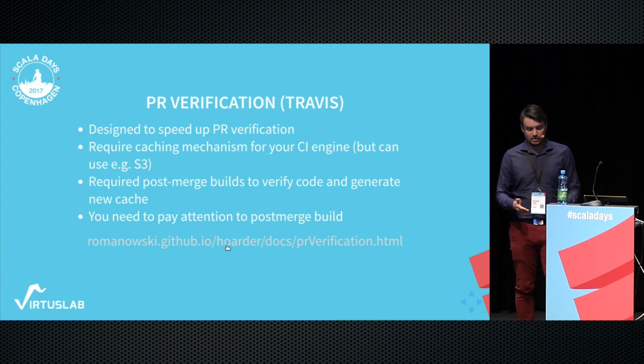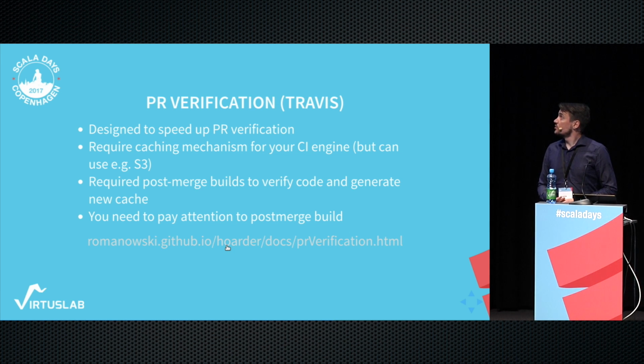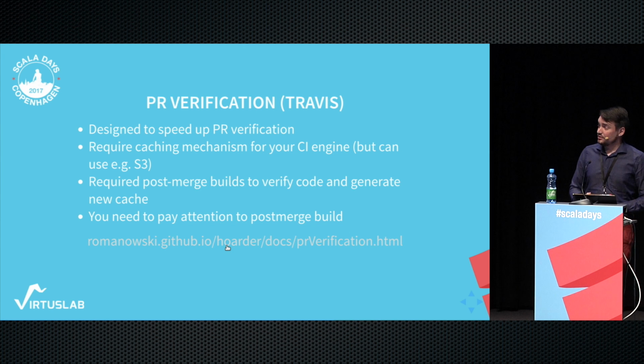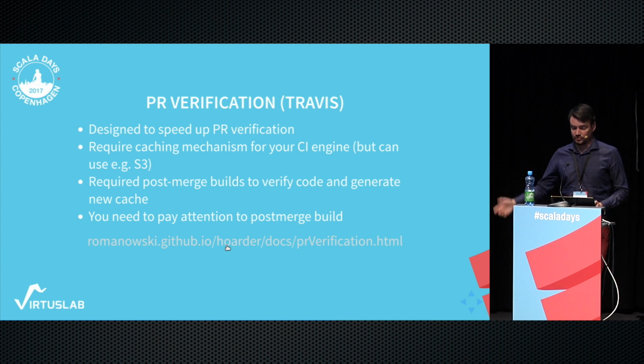We don't need a git conflict to break the main branch. So that is why you really need to run a lot of pull request verifications to be sure. Whenever you merge something, you need to retrigger all of the previous pull request verifications.